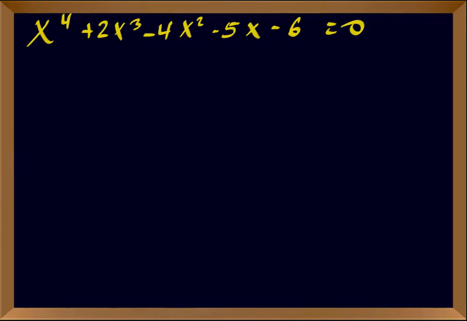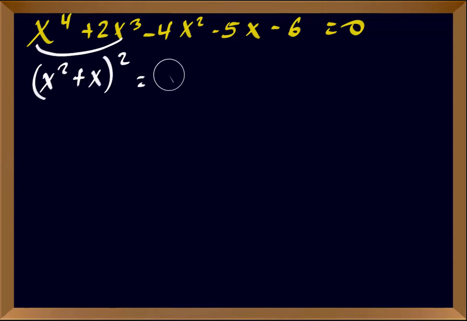So I rewrote it here: x to the power 4 plus 2x cubed minus 4x squared minus 5x minus 6 is equal to 0. But if we look at the first part, if we take x squared plus x and square it, we have part of the equation at the beginning, so we get x to the power 4 plus 2x cubed plus x squared.